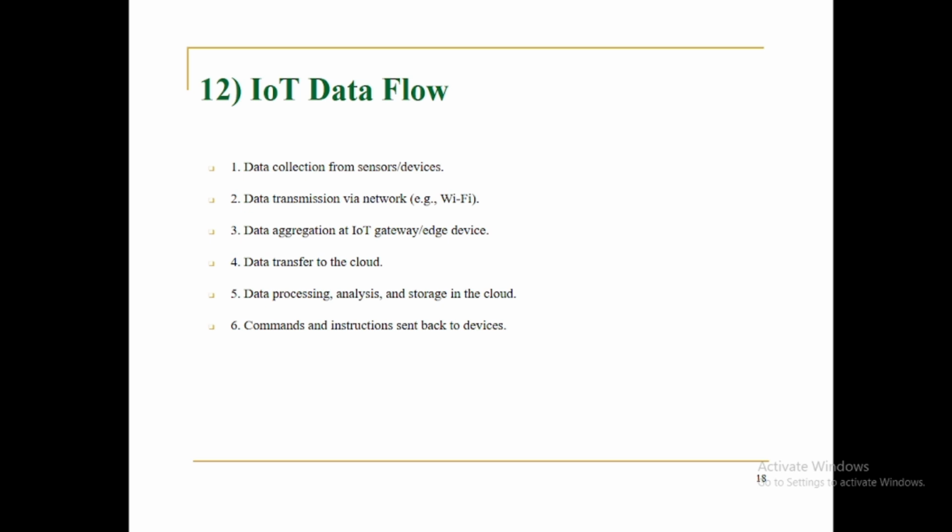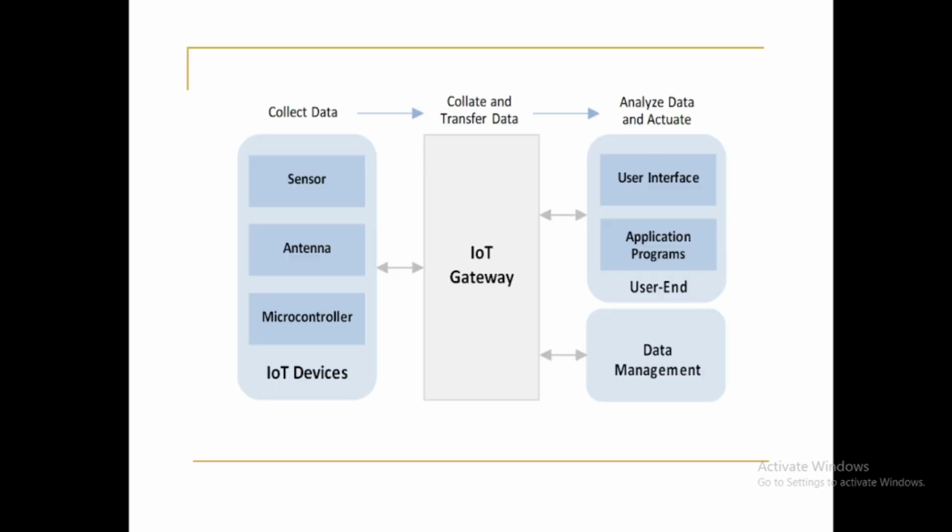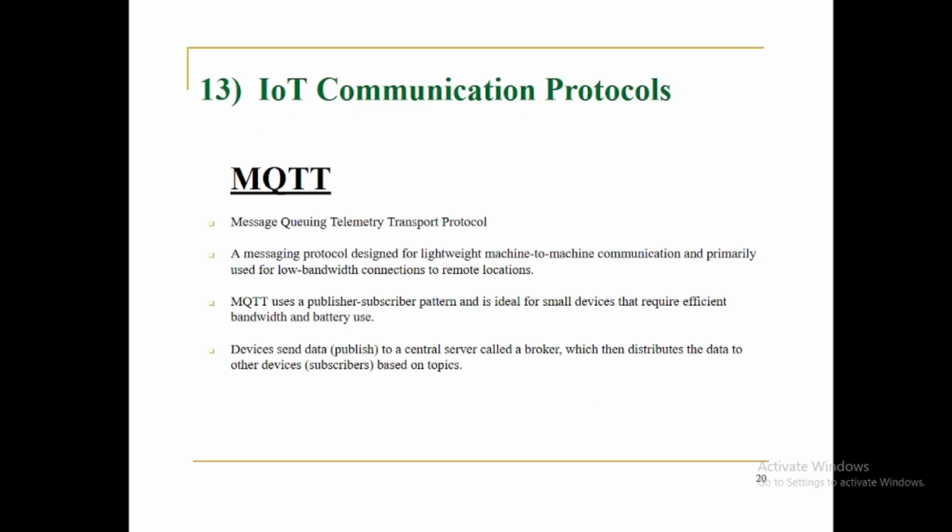Using this gateway, they send data to cloud platforms. The cloud environment serves as the central hub where the data is stored, processed, and analyzed. Several communication protocols are used, such as MQTT and HTTP.